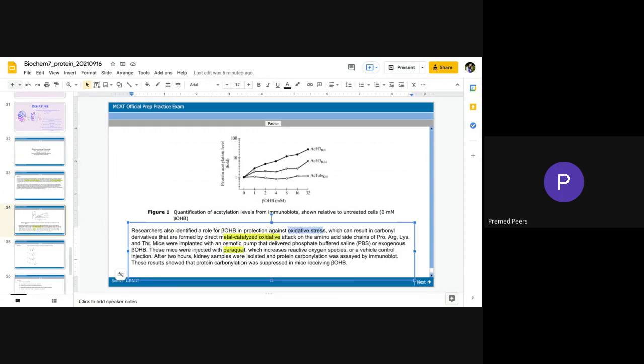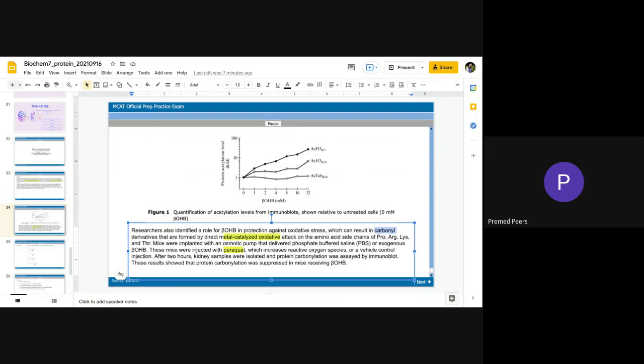In this example, you can inject them with paraquat, which produces reactive oxygen species, and then you will have the carbonyl derivatives. The researchers hypothesize that beta OHB protection should stop this oxidative stress. If you stop the oxidative stress from the paraquat, you will not get the carbonyl derivatives.